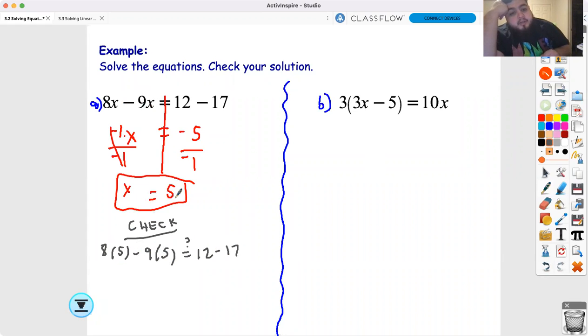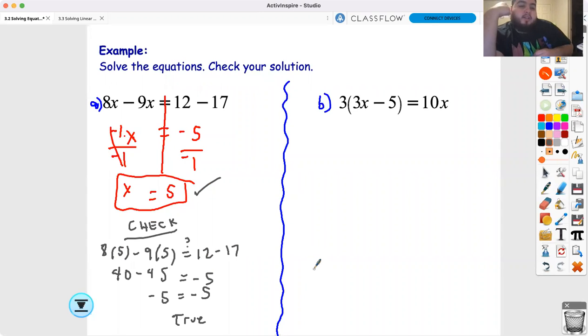Now, to make sure the 5 is the correct solution, we must get a true statement from this checking portion. Well, 8 times 5 is 40, minus 9 times 5 is 45, equals, we know 12 take away 17 is negative 5. 40 take away 45 is negative 5 as well. Negative 5 equals negative 5 is a true statement, therefore confirming that 5 is the correct solution.